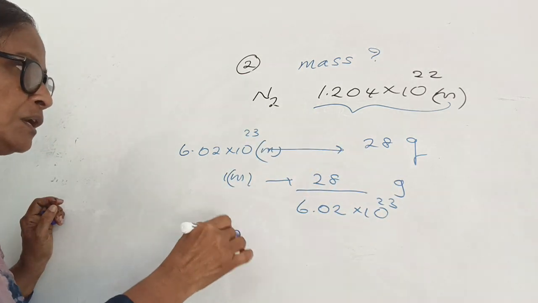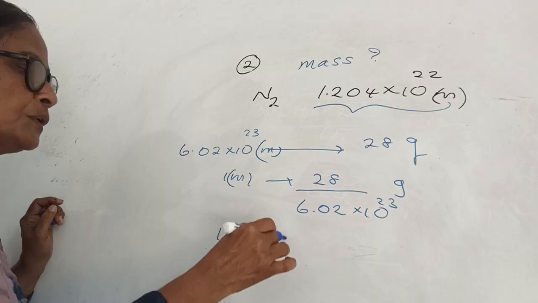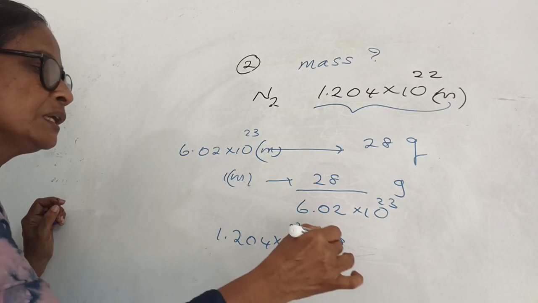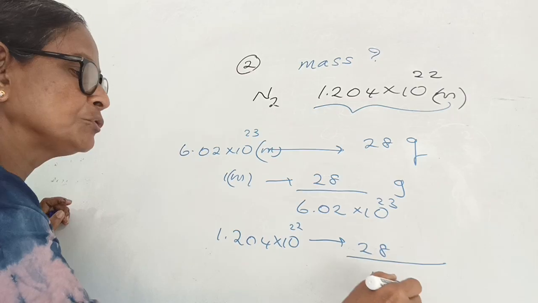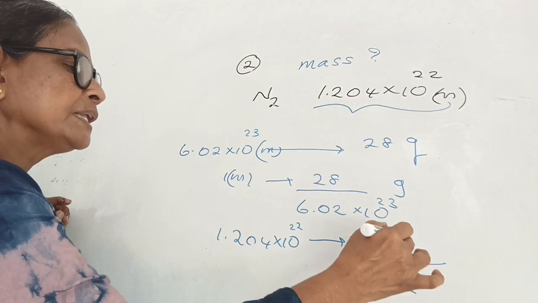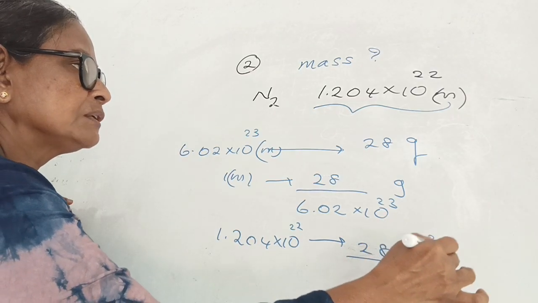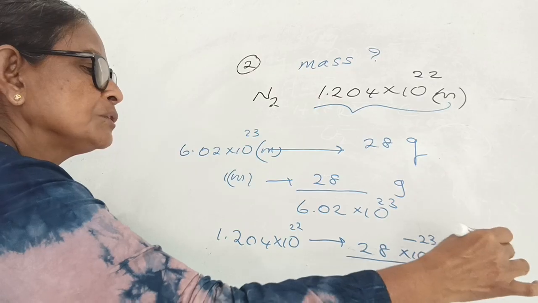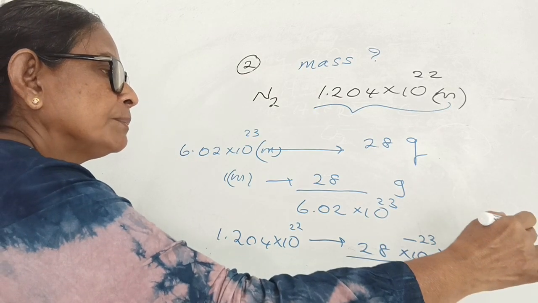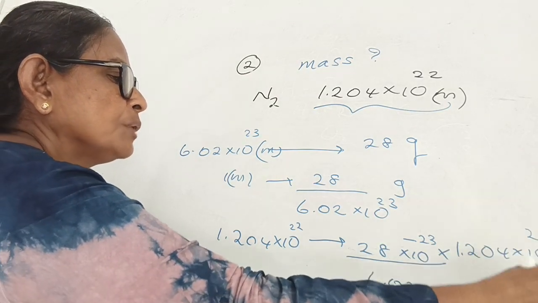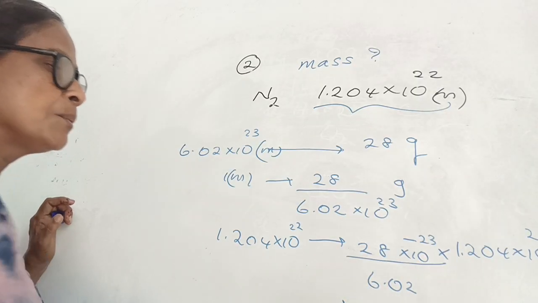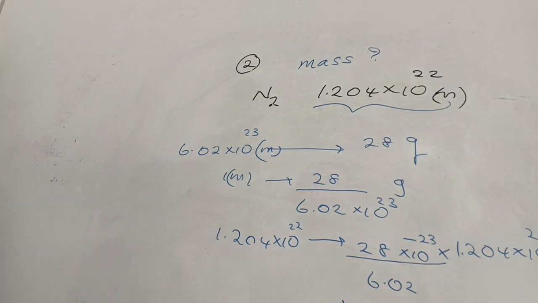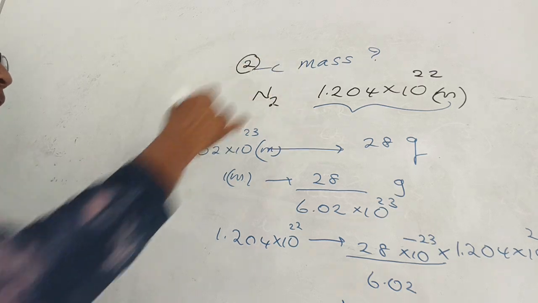For 1.204 times 10 to the power 22 molecules, it comes as 28 divided by 6.02 times 10 to the power minus 23, times 1.204 times 10 to the power plus 22. The answer comes in grams. If you simplify, it becomes 0.56 grams, which is answer C.